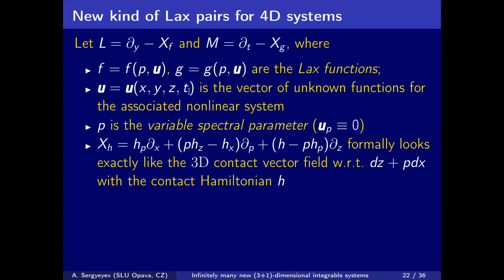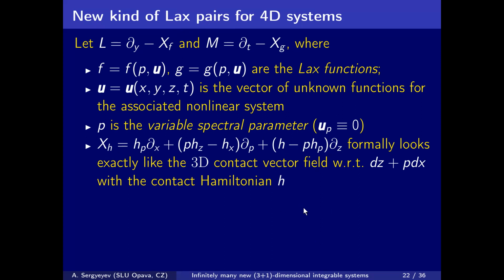So it depends on 4 independent variables, which we denote by X, Y, Z, and T. P is the variable spectral parameter, and this Xh, which is used in the definition of the Lax operators, has the following form.